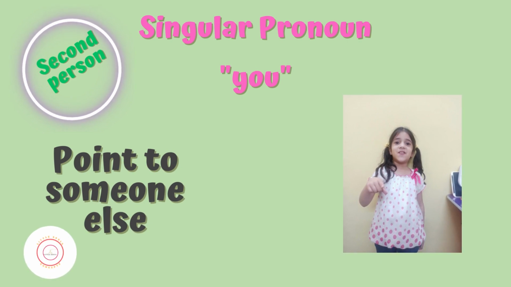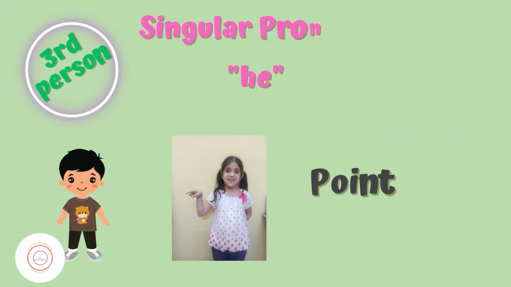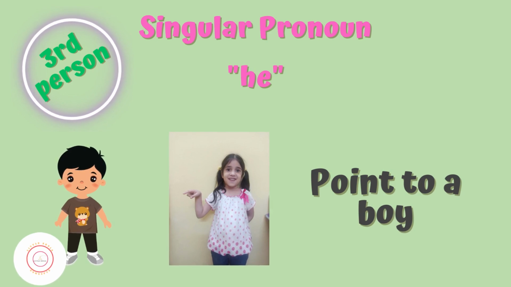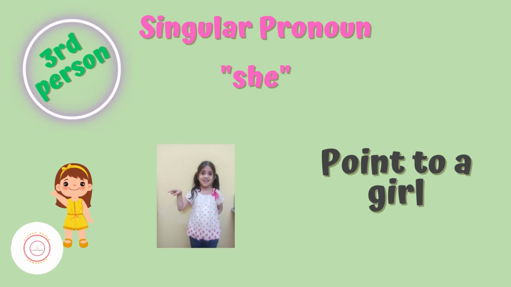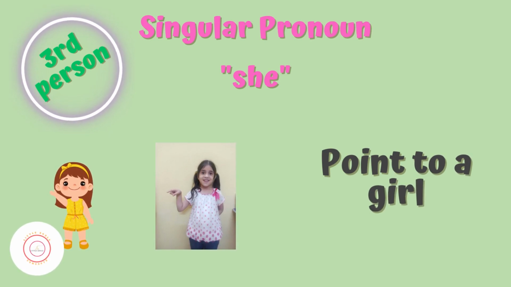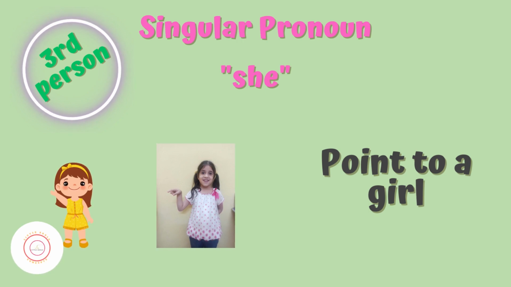The action for you is point to someone else. He is a third person singular pronoun. Point to a boy. This is its action. On the contrary, she is a third person singular pronoun. The action for this is point to a girl.